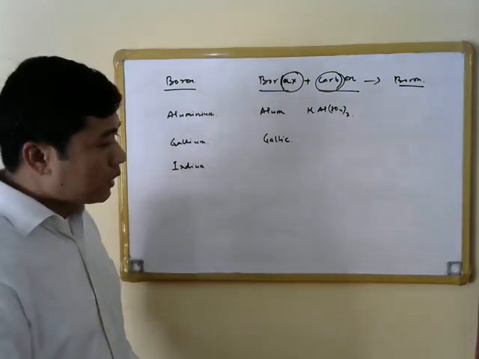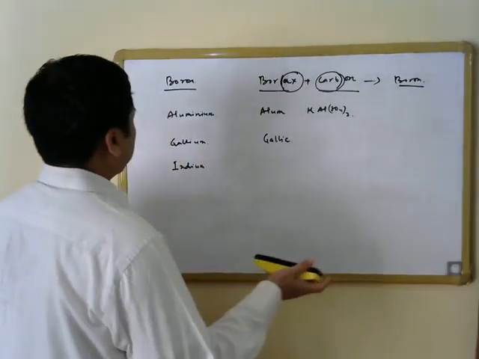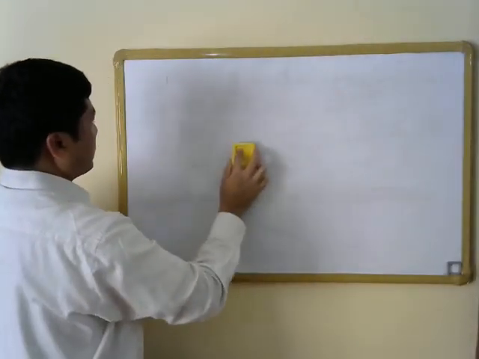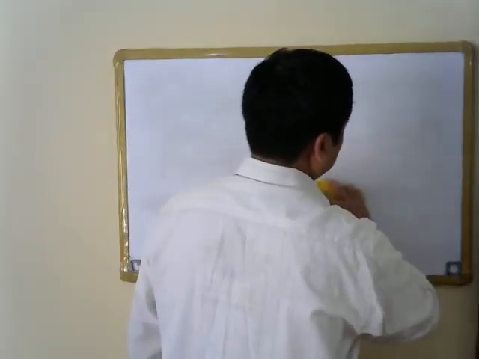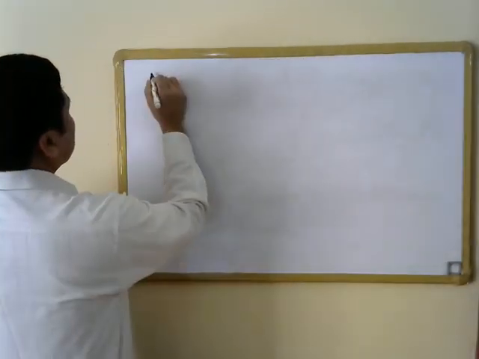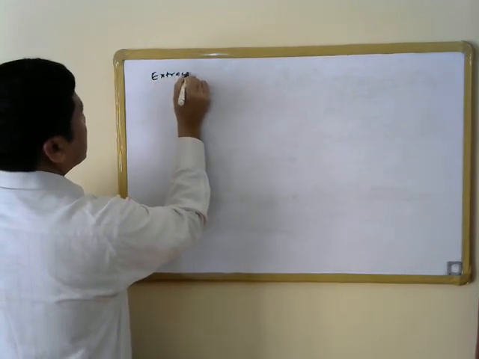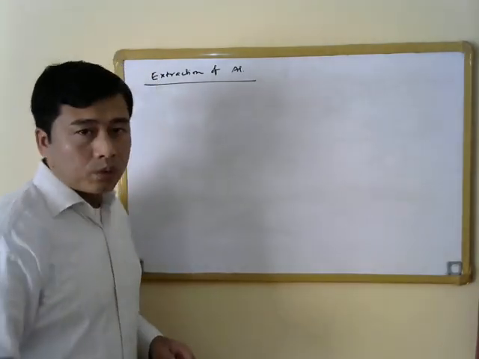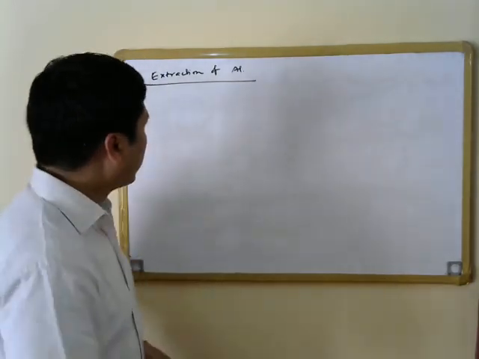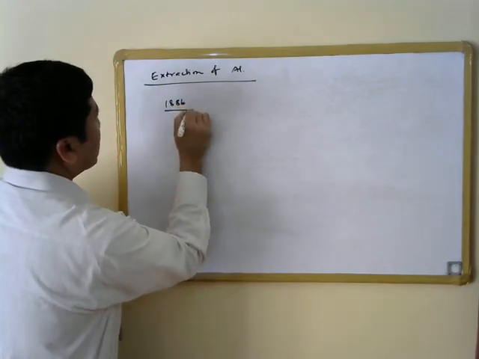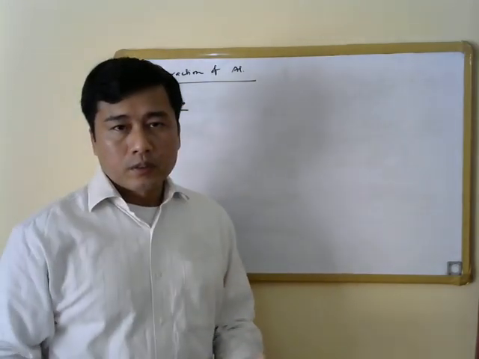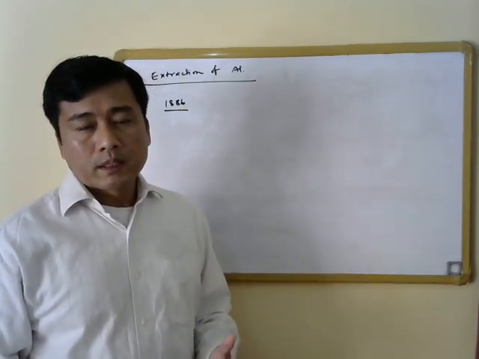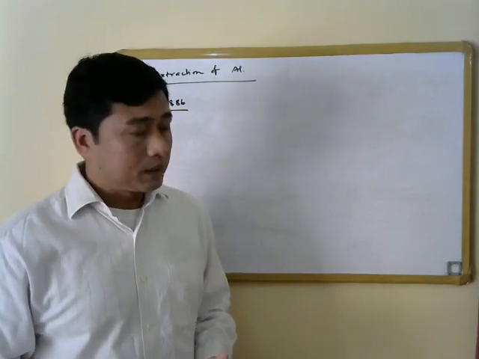So now let us go back to the extraction of aluminium. The metal aluminium was very expensive till 1886, and in fact it is said that the French Emperor Napoleon used aluminium utensils only for special purposes.